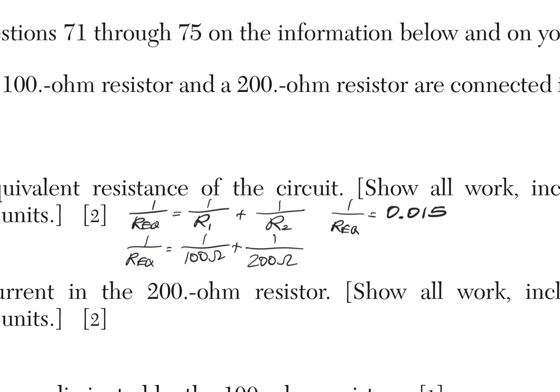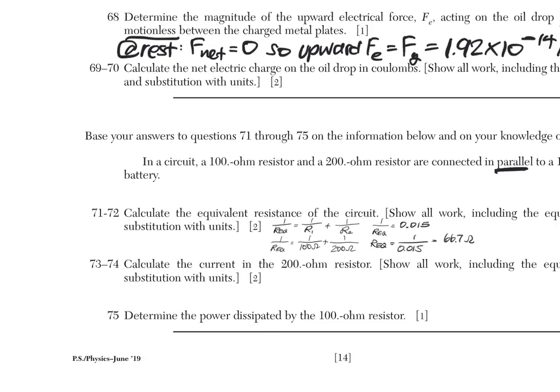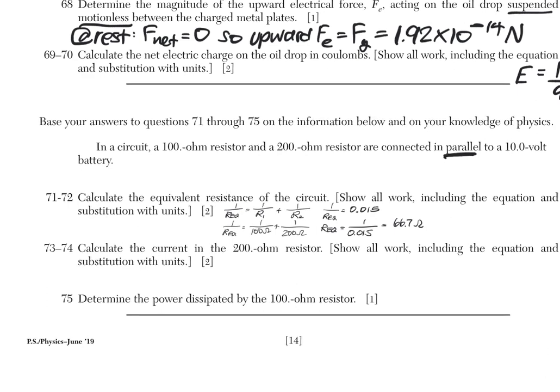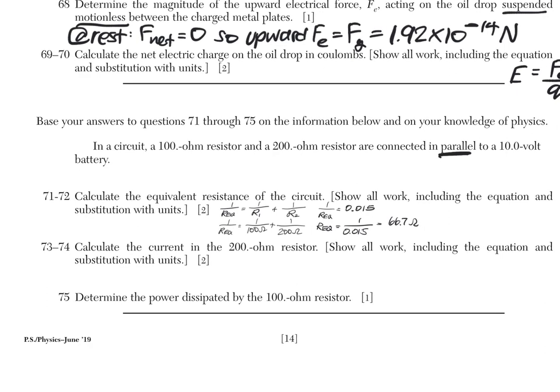You get 0.015. 0.015 is not Req; 1 over 0.015 is. So for the equivalent resistance, 1 over 0.015, we get 66.7 ohms, which is fitting because in a parallel circuit, the equivalent resistance will be less than the individual resistors.